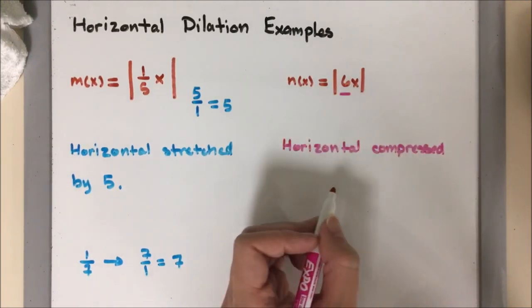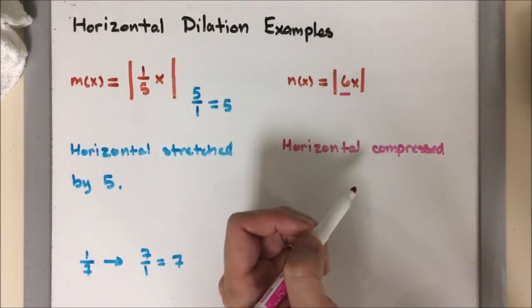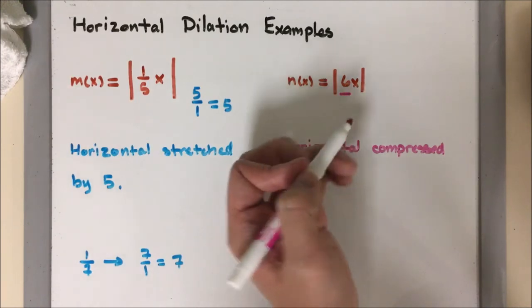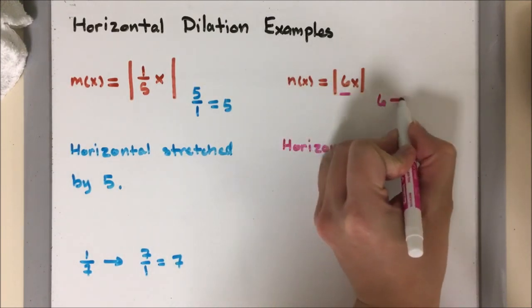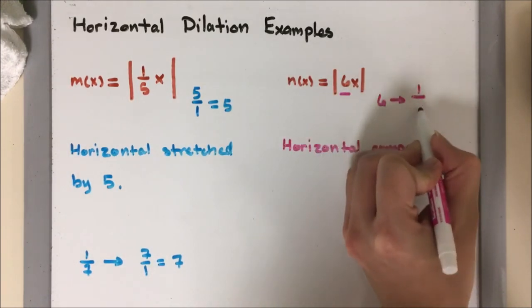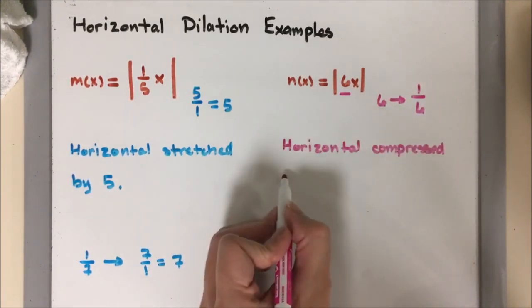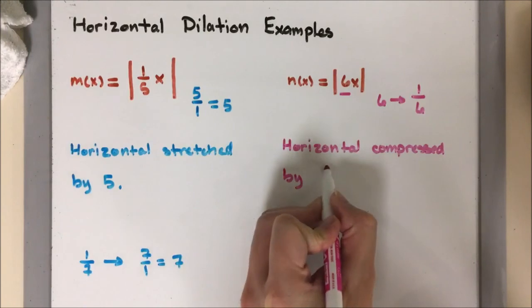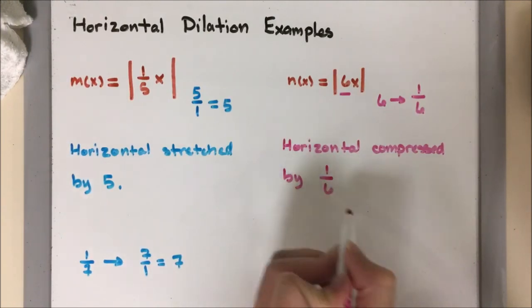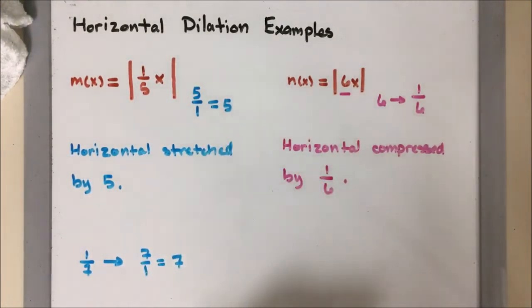Since it's a whole number, if you start off with a whole number, you're simply going to write the 1 on the top and put the number at the bottom. So here, horizontal compressed by 1 over 6. If it's a whole number, it makes your work easy.